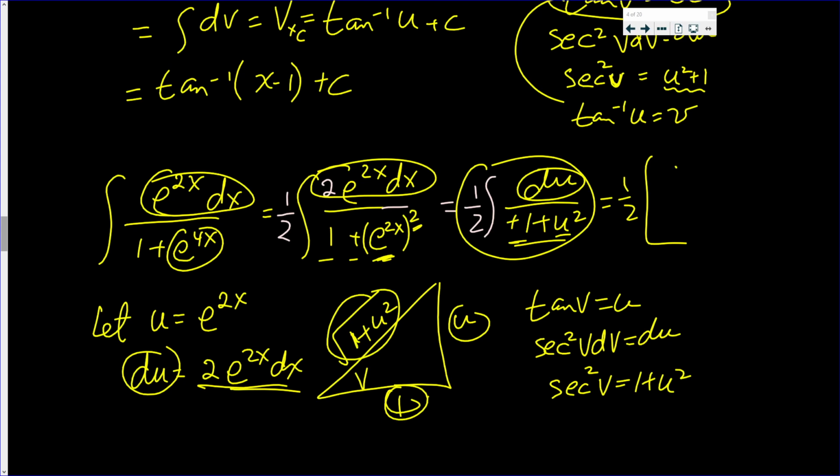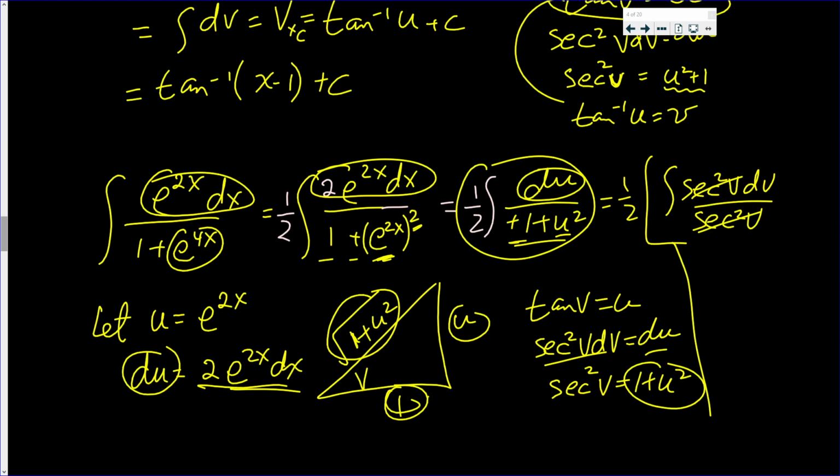Okay, so the numerator du, that's secant squared V dV. And the denominator, 1 plus u squared, that's secant squared V. This cancels. You have 1/2 the integral of dV, which is V plus c, and now we substitute back.